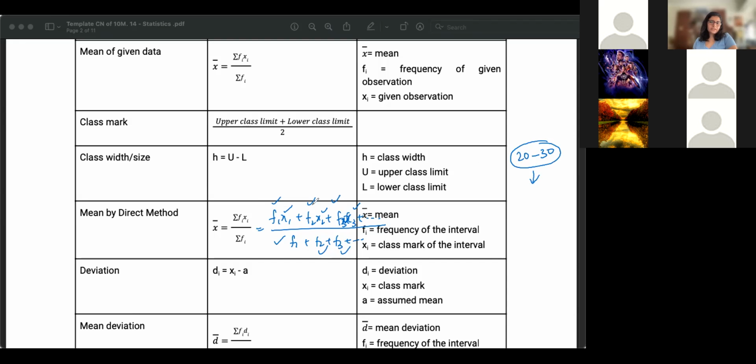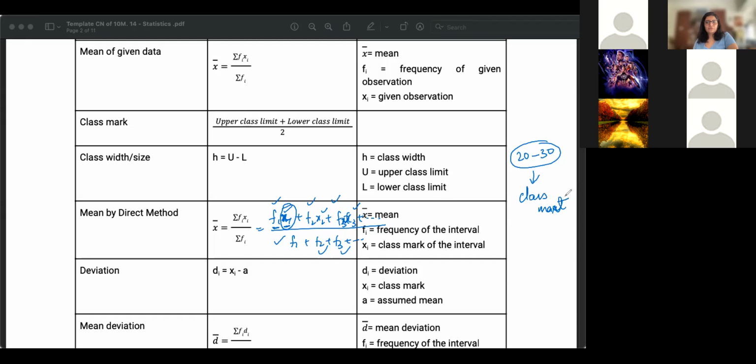In the mean formula, we have sigma fi xi. Each of these frequencies will be directly given in the table itself, like the number of times a particular observation is happening. Now the observation itself, where are you going to get it from? xi is the class mark, which is the middle term, 25.